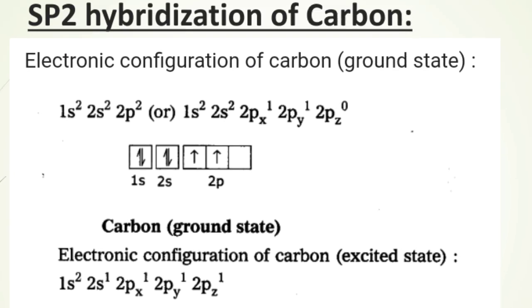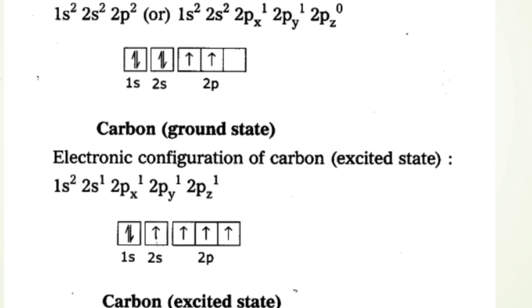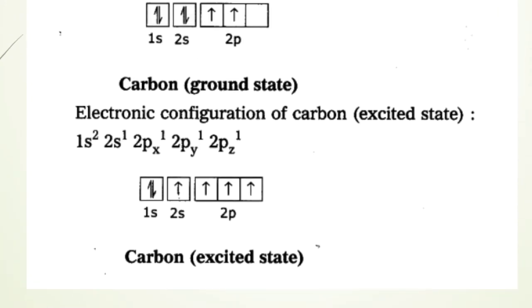When we give some amount of heat to the ground state carbon atom, it gets excited, and the electron present in the 2s orbital jumps to the 2pz orbital, which is empty in its ground state. Now this is the electronic configuration of the carbon atom in its excited state.